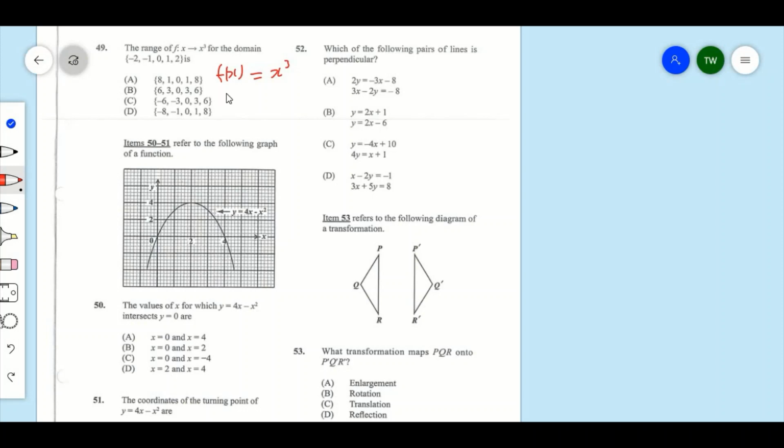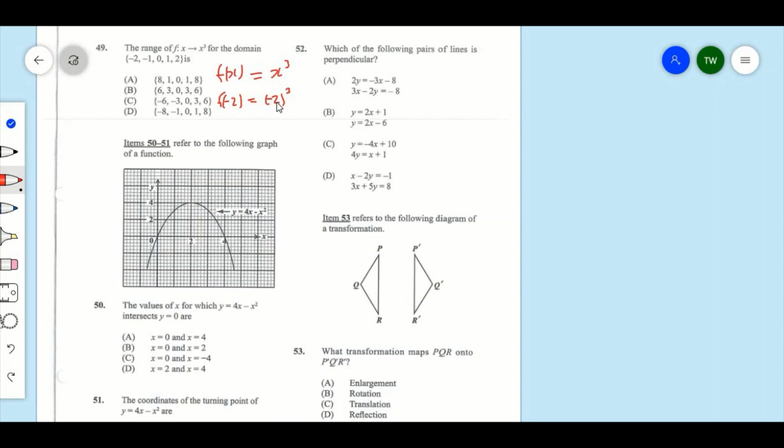So let's say that we're going to substitute x for -2 first. So we're going to find f(-2) is equal to, and where we see x, we're going to replace it with -2. So it's going to be (-2) all cubed.